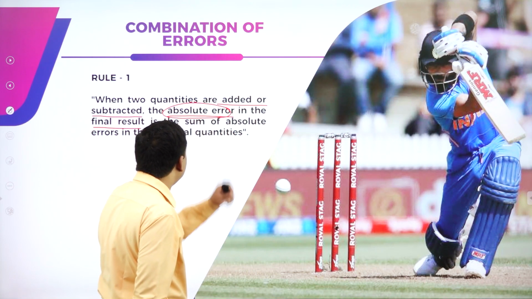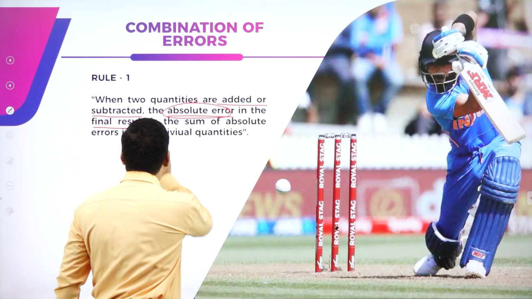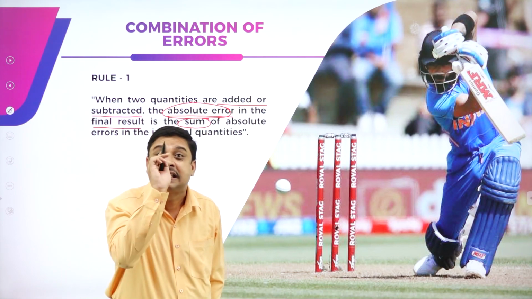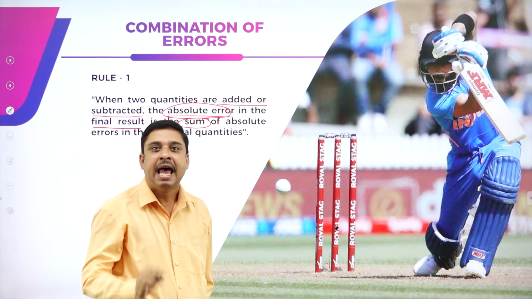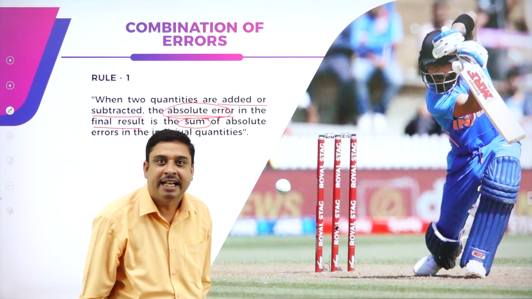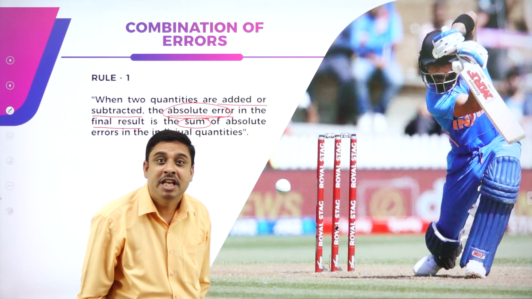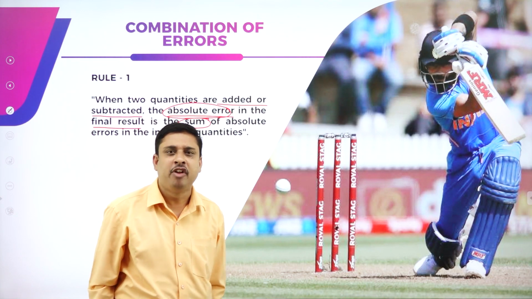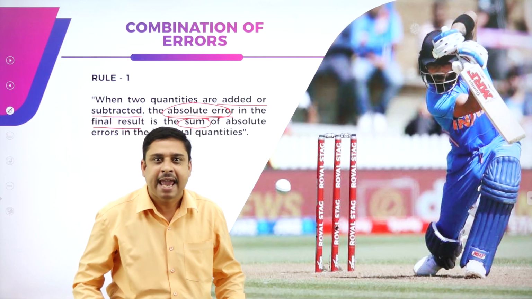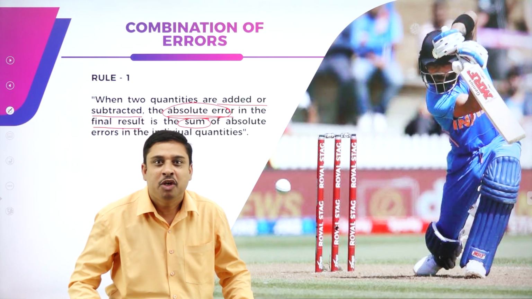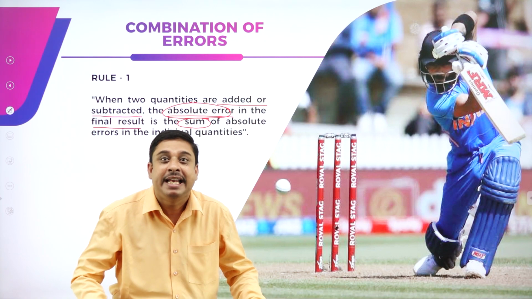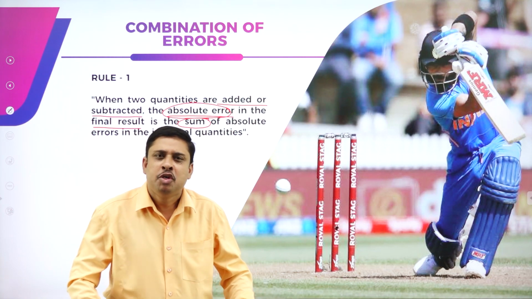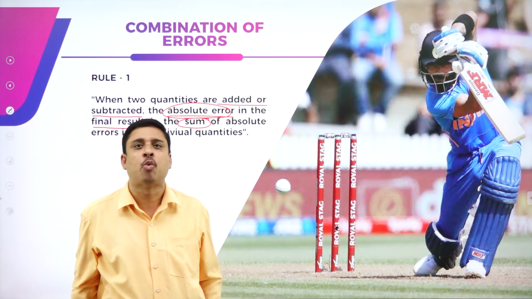So, absolute error in the final result is the sum of absolute errors in the individual quantities. Very beautiful law. The law says either you add any two quantities or you subtract any two quantities.